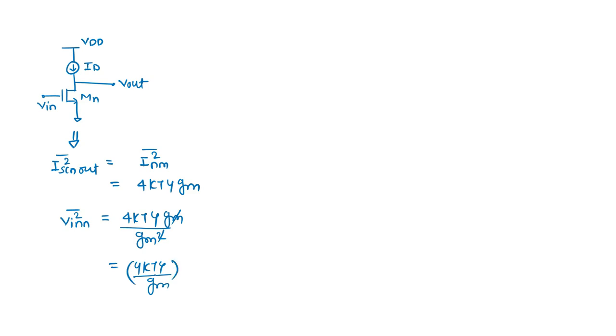So the input referred noise for this circuit is directly the noise of your transistor only, because ideally no noise is contributed by the current source ID. Okay, this is the second circuit.